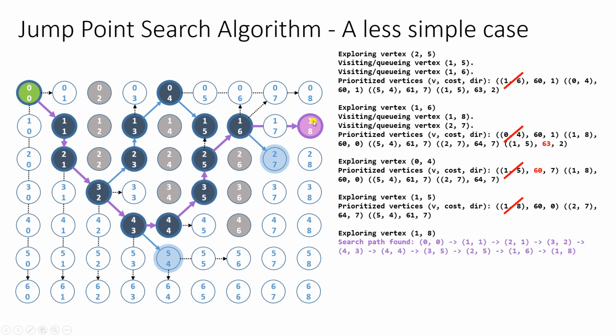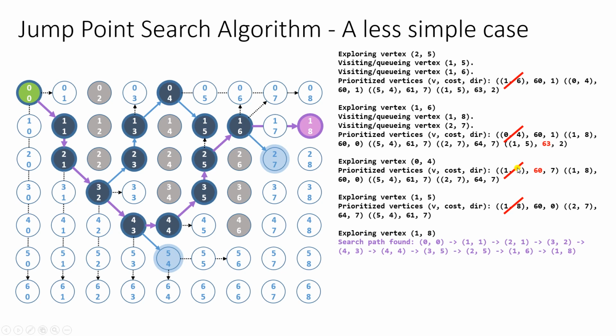Sometimes the order matters, because if you look at what we had here, we had vertex 1, 5 with its cost 60 and vertex 1, 8 with its cost 60. If vertex 1, 8 was at the beginning of our priority queue, it would be explored sooner than 1, 5, and we would save some time by not exploring vertex 1, 5.